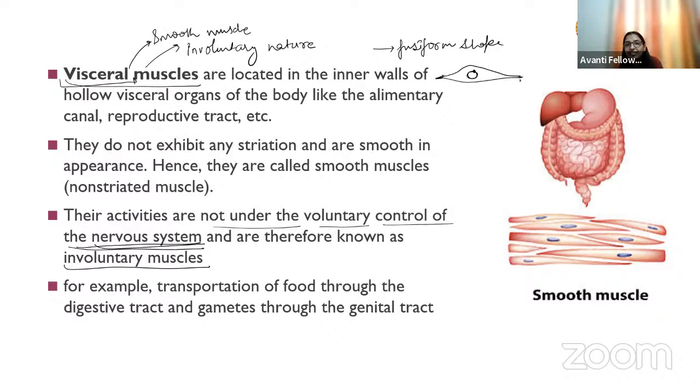In the center, there's a nucleus, so they are uninucleated. Skeletal muscles are multinucleated because they consist of muscle fibers, and muscle fibers are also known as muscle cells, and they're multinucleated. That I will tell you later when we discuss the structure of skeletal muscle. So here, the visceral muscles are fusiform in shape, uninucleated, and also unbranched.